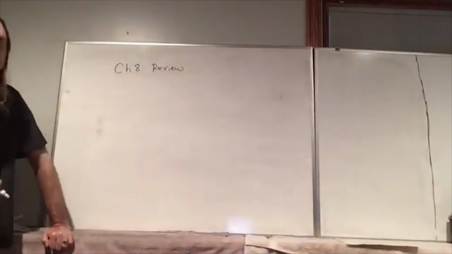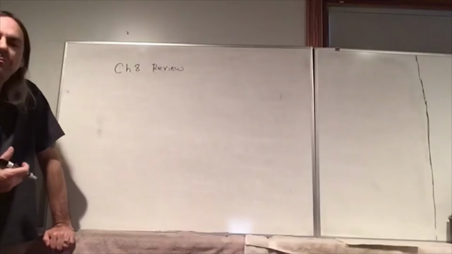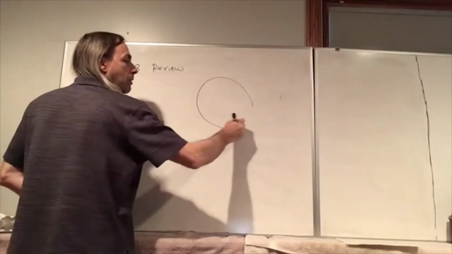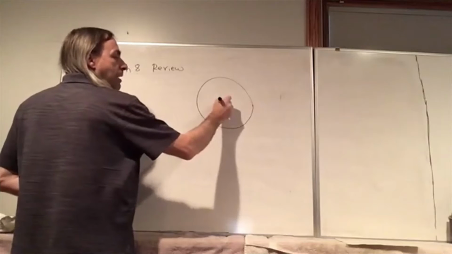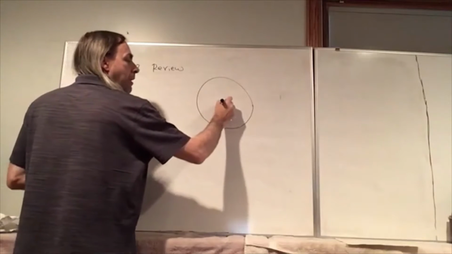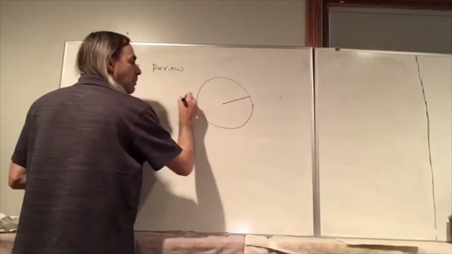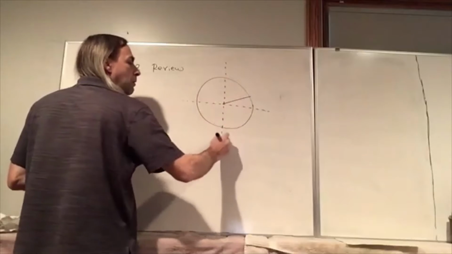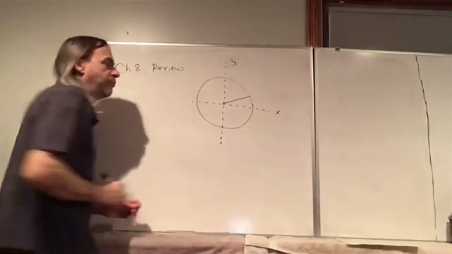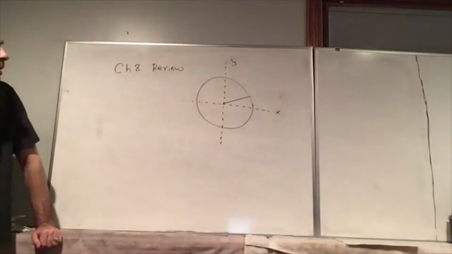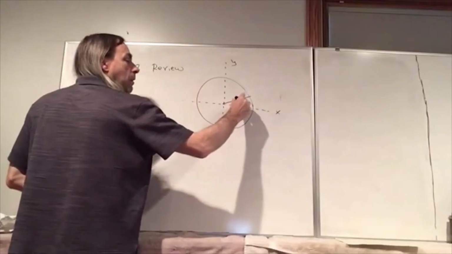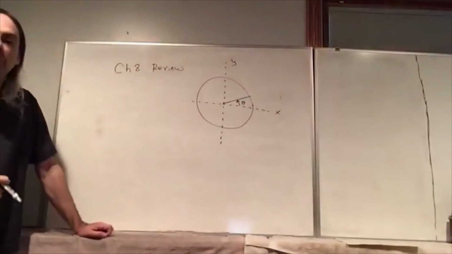To start out with, we define angular position. If we have a rotating object, picture a wheel or a disc that's rotating, we can draw a reference line. The origin is at the center of this rotating object, and we define theta as the angular position of this object.